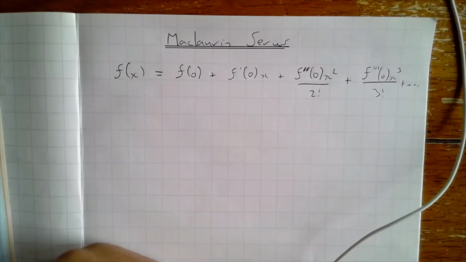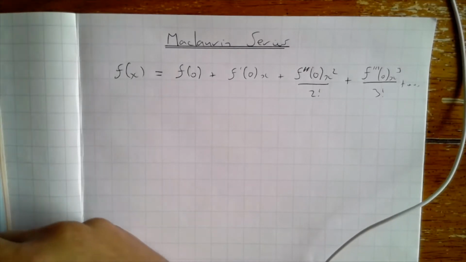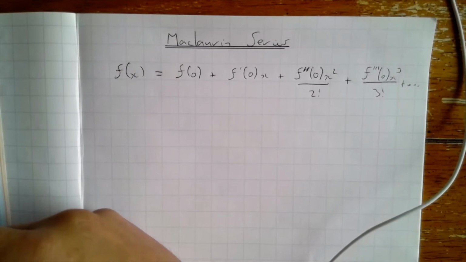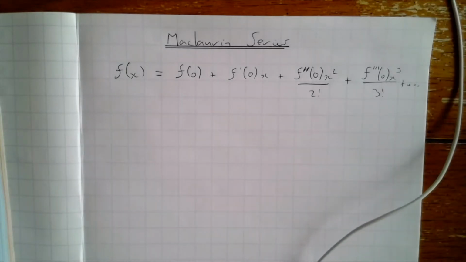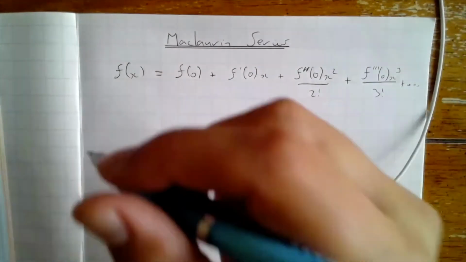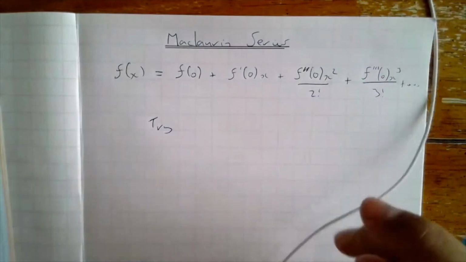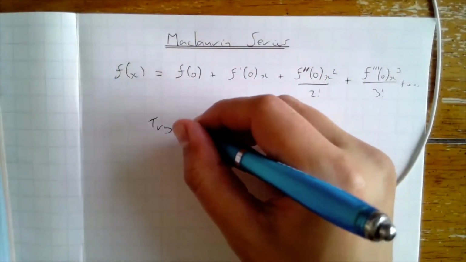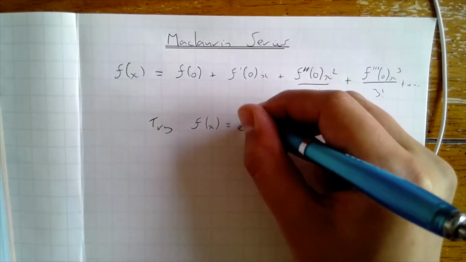So one thing you can do if you want to try and get an idea heuristically of why this works, is use a graphing application and try f of x equals e to the power of x.